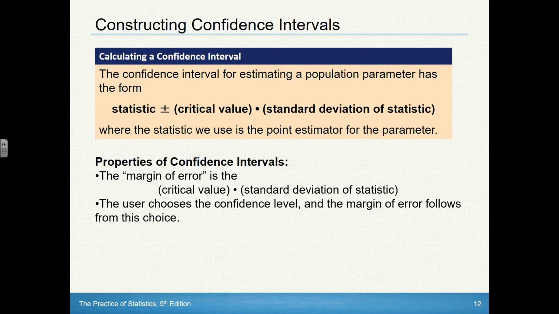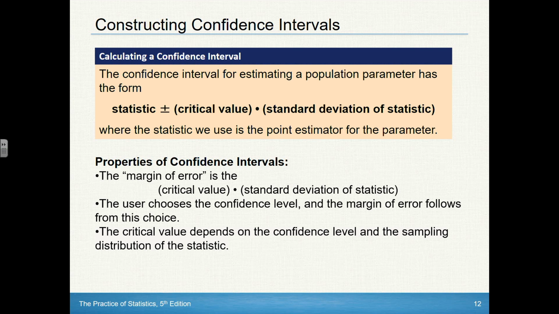But if you were doing this in actual practice, you would get to decide how confident you want to be. Now, you might be saying, well, why wouldn't you just always say 99% confident, because that's very confident. Well, there's a trade-off, because the more confident you want to be, the larger or the wider the confidence interval is. So that's something you need to be mindful of.